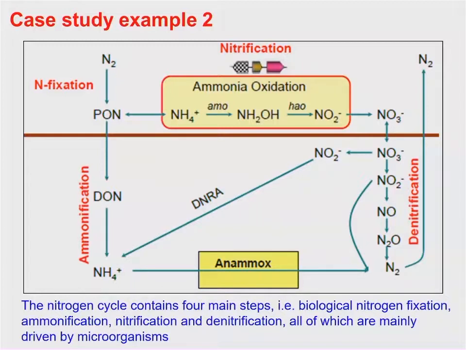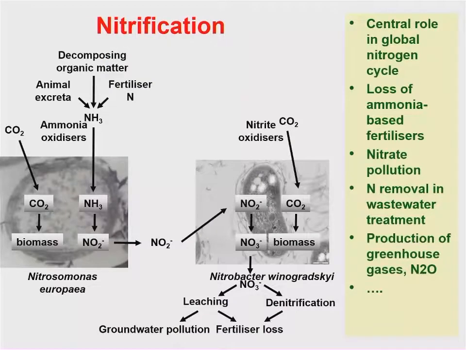My research is more focused on what we call the nitrification process. In this process, the microbes convert ammonia to nitrite, and then from nitrite to nitrate. This is the nitrification process.